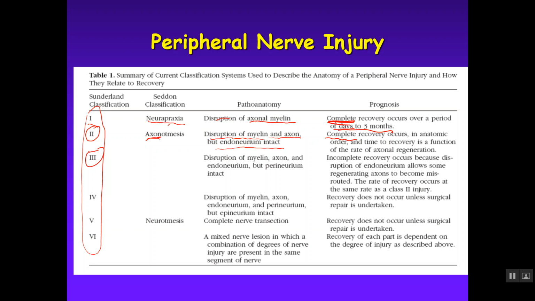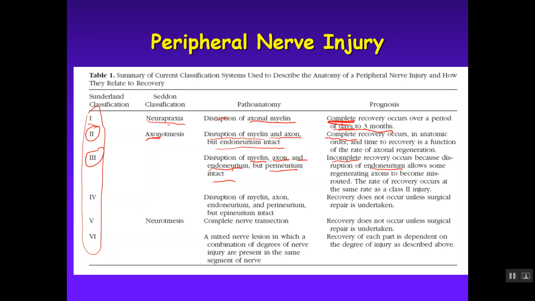A Sunderland classification 3 is disruption of myelin, axon, and endoneurium, but the perineurium, that outer perineurium, is still intact, so the nerve trunk is still intact. This may only be incomplete recovery, because disruption of the endoneurium allows some regenerating axons to become misrouted.